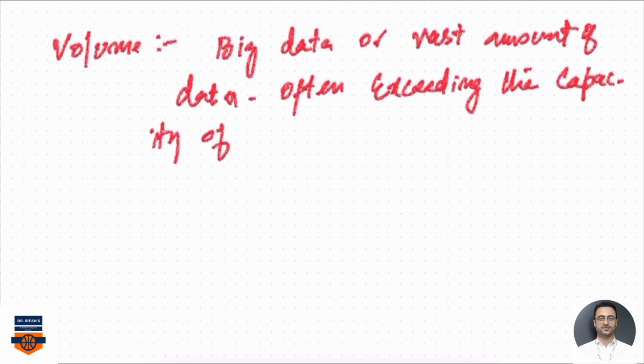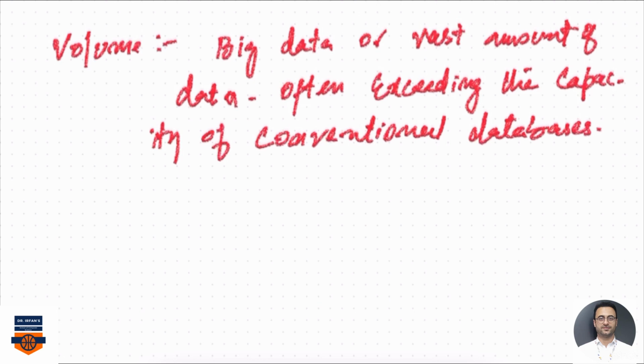So in detail, volume is one of the components in big data which describes the vast amount of data being maintained in big data sciences, and that data is basically exceeding the capacity of conventional database systems and tools as well. Correct? This is the first V.